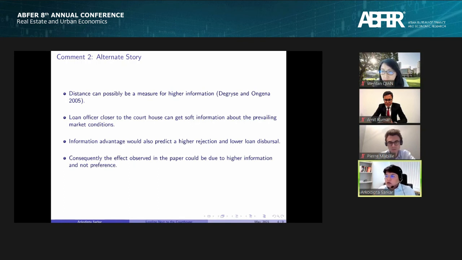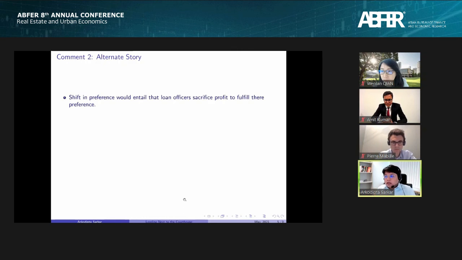Now, one particular requirement for understanding whether it's a shift in preferences: if there is actually a shift in preferences, or some form of lower risk appetite, or some behavioral biases being formed in these loan officers, it would mean that they would sacrifice some profits to fulfill the particular preference that has been developed, right?